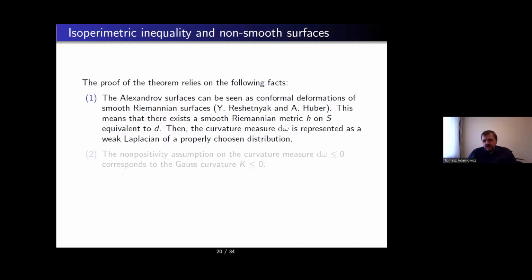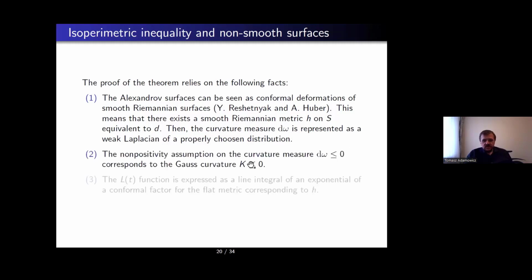This means that one can construct a smooth Riemannian metric H which gives a metric equivalent to the underlying metric D. Then the curvature measure d omega can be represented as the weak Laplacian of a properly defined distribution. Also, the non-positivity assumption on the curvature measure corresponds to the Gaussian curvature K being non-positive.